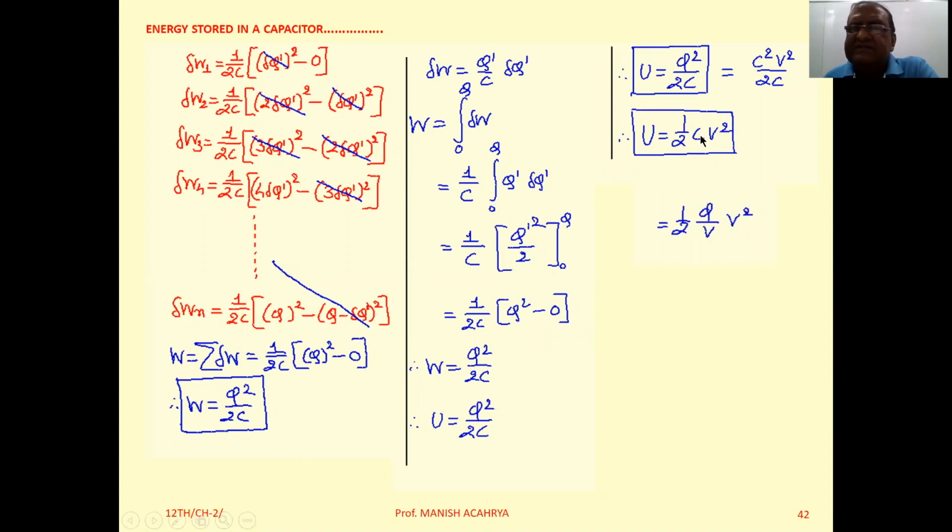Now C is Q by V, so here one V will be cancelled. So we can write another equation for the energy stored in the capacitor, that is half QV. So you can use any of the equations for the energy stored in the capacitor. Clear to all of you?